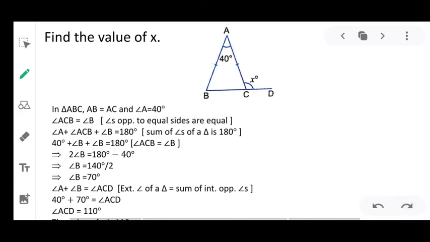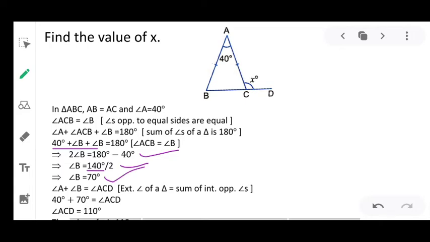So 40 degrees plus angle B plus angle B equals 180 degrees. Clear? Now 2 angle B equals 180 degrees minus 40 degrees, which is 140, and B equals 140 degrees divided by 2. So angle B equals 70 degrees.